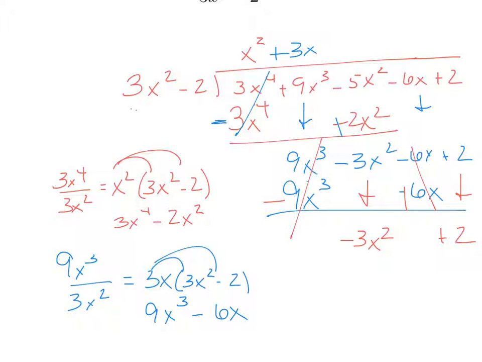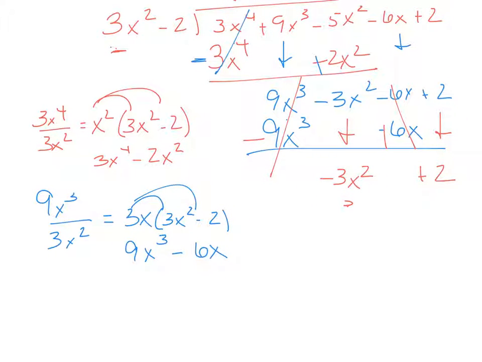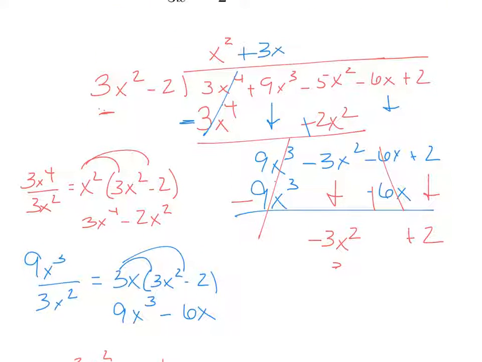Almost done. I'm going to now divide negative 3x squared, my first term, by my first term. So they both happen to be negative 3x squared. Well, just 3x squared, I guess. So I'm going to divide negative 3x squared divided by 3x squared. That gets you a negative 1. I'll put that negative 1 at the top. So it'll be negative 1 here.